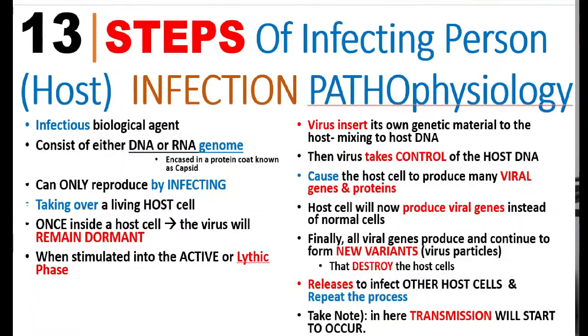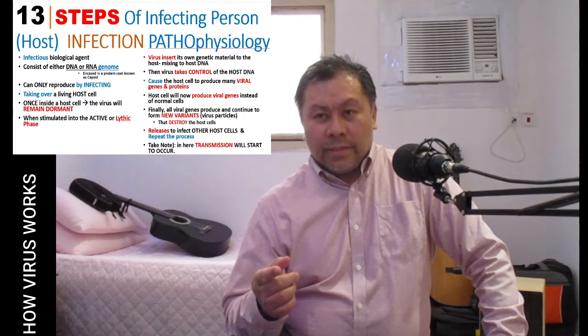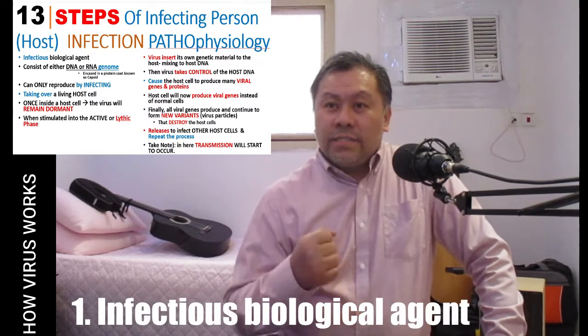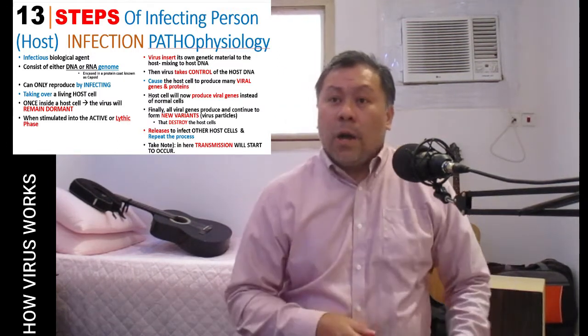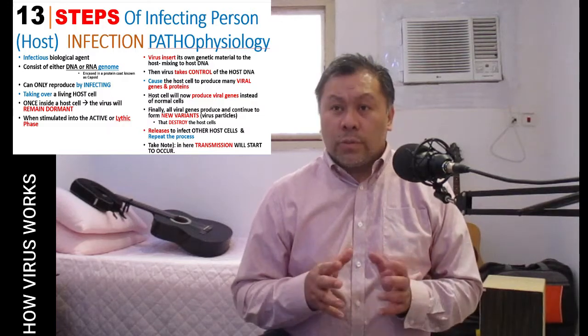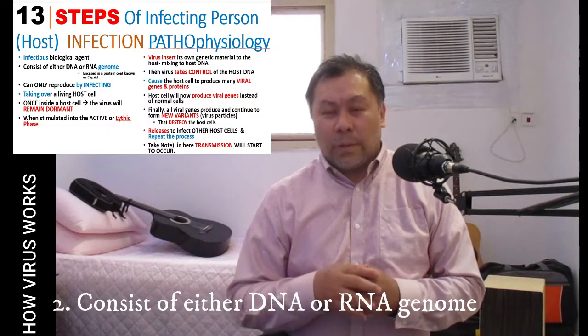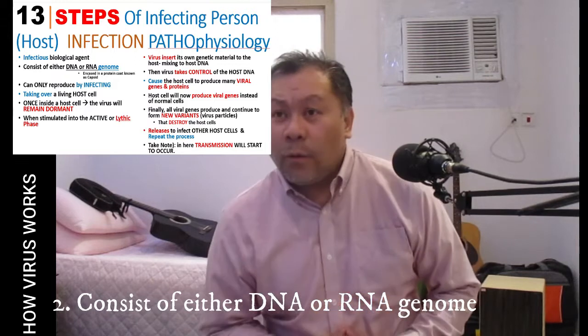The next is, we are going to mention the steps of infecting the person or the host. So this infectious biological agent consists of either a DNA or RNA genome, which is in a protein coat known as the capsid.